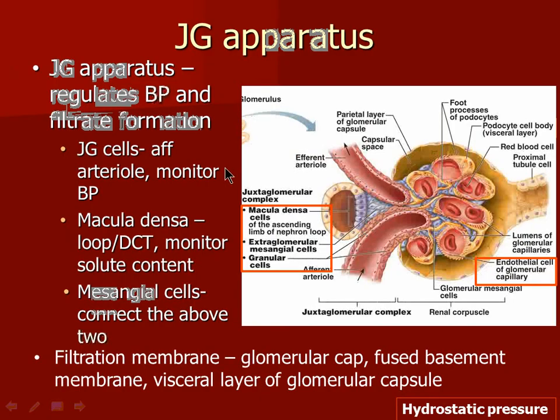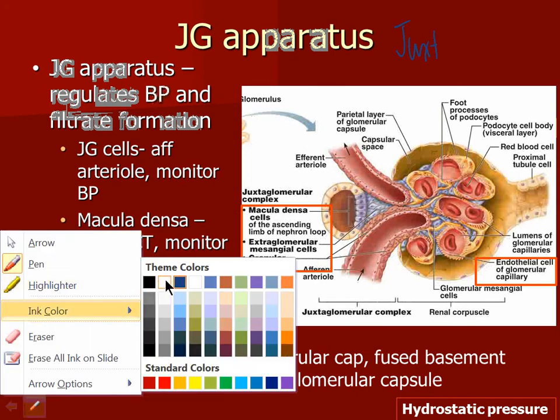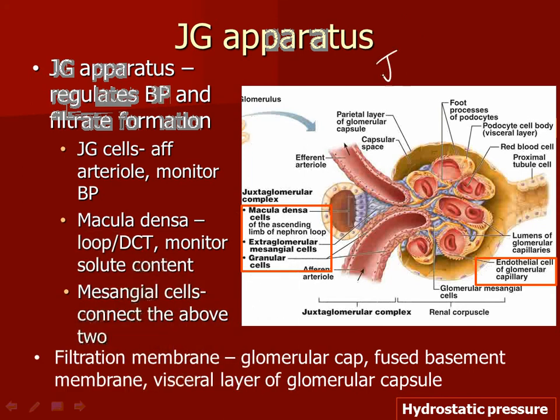Now let's look very closely at the renal corpuscle, which is the glomerulus and the Bowman's capsule, because there's a very important apparatus present there, known as the juxtaglomerular apparatus. JG stands for juxta, meaning close by.